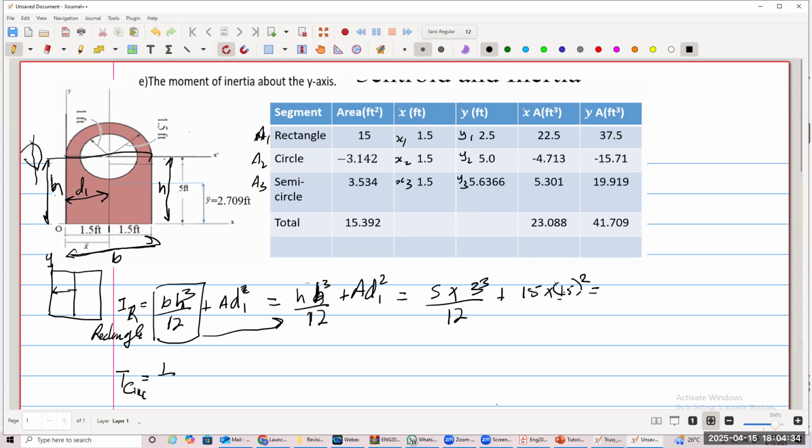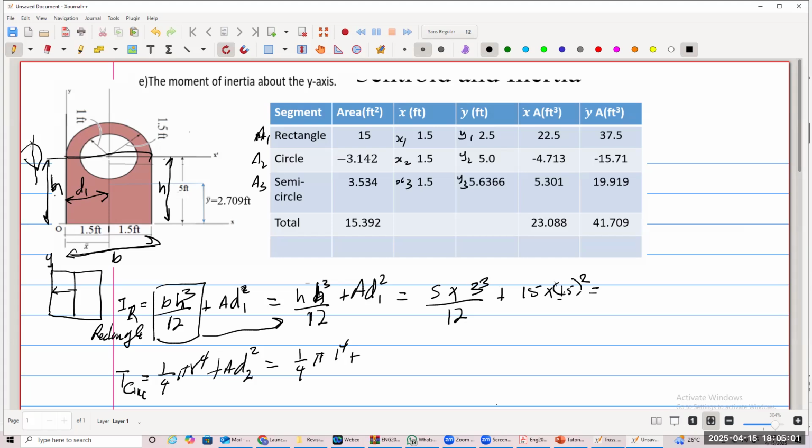There's 1/4 pi r to the fourth plus A times the d2 square, right? All right. So this one is going to be 1/4 pi. The circle radius is 1, so that's 1 to the fourth. All right, so that's simple.